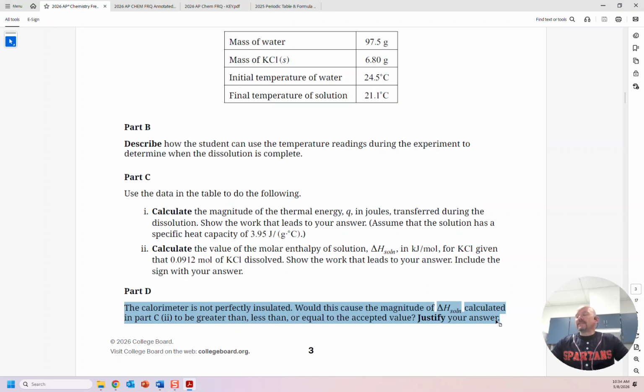So if we're not factoring in the energy that was added by the calorimeter and the rest of the nearby environment, then we undercalculated the delta H of the solution, because it was actually pulling in more energy, but we only calculated the energy pulled from the water and not from the styrofoam cup or everything else.